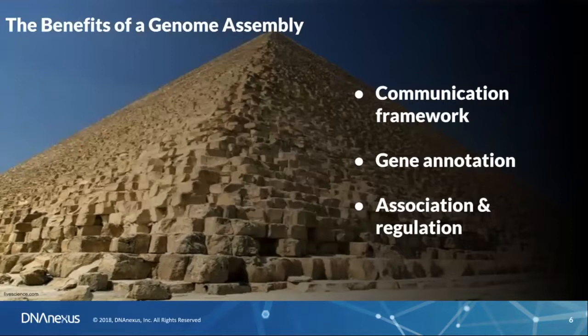Also, having a reference genome allows us to study the interaction between different elements in the genome. For example, you might try to figure out what enhancers are associated with a particular gene. You can take a look based on location and also the interaction with other elements around it. Also, if you have a gene on the sex chromosome, then you can know that the selective pressure on this gene can be different from the rest of the genome, which is on the autosomes.